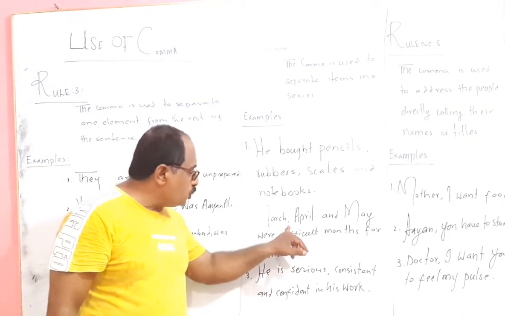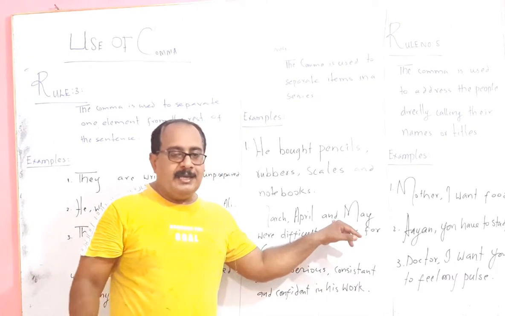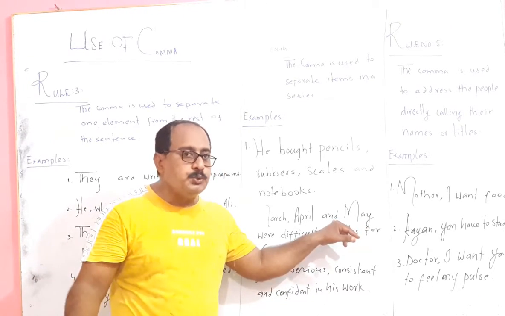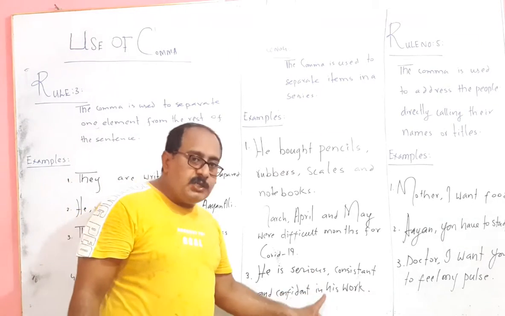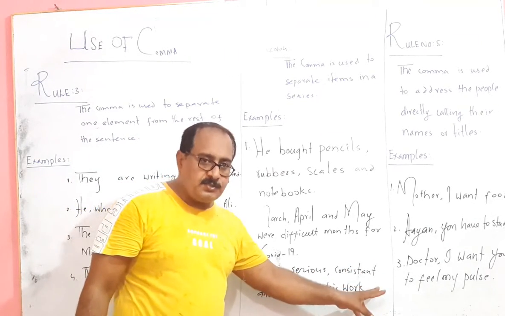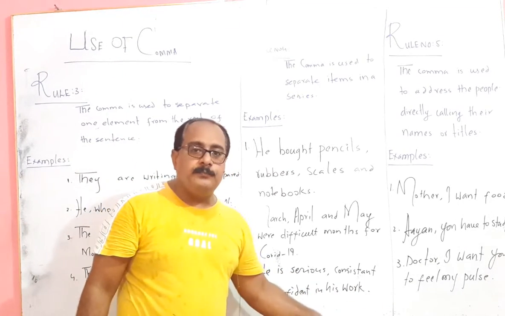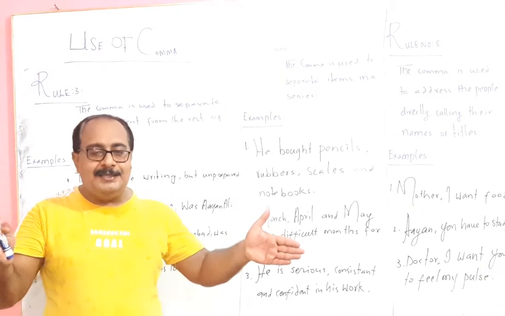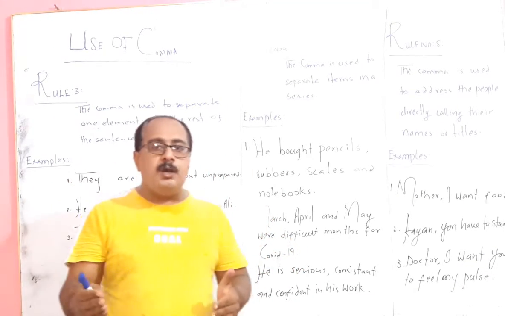Again, March, comma, April and May, the last two are joined by and. In British English, we cannot use a comma there. Third, he is serious, consistent, and confident in his work. We are separating each quality. In this way, we can use a comma.